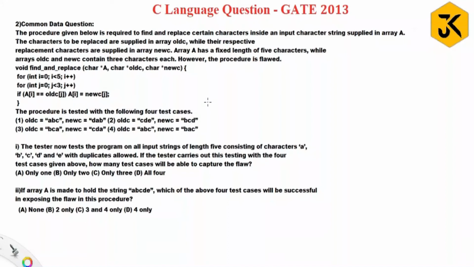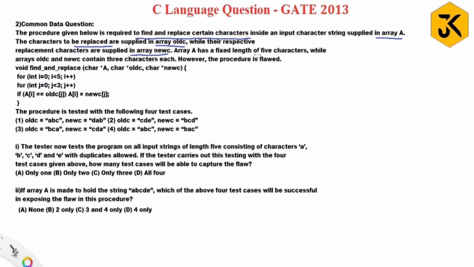Hello guys, welcome back. Let's see one of the C language questions which was asked in GATE 2013. The procedure given below is required to find and replace certain characters inside an input character string supplied in array A. The characters to be replaced are supplied in array oldC, while their respective replacement characters are supplied in array newC.